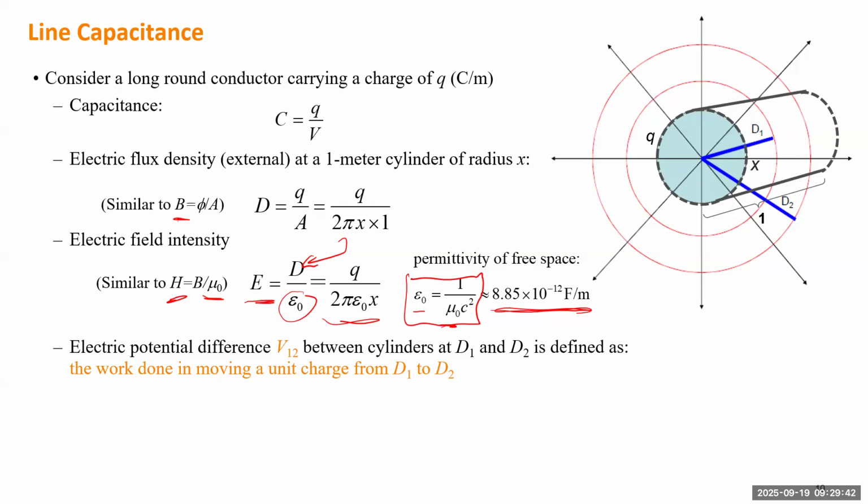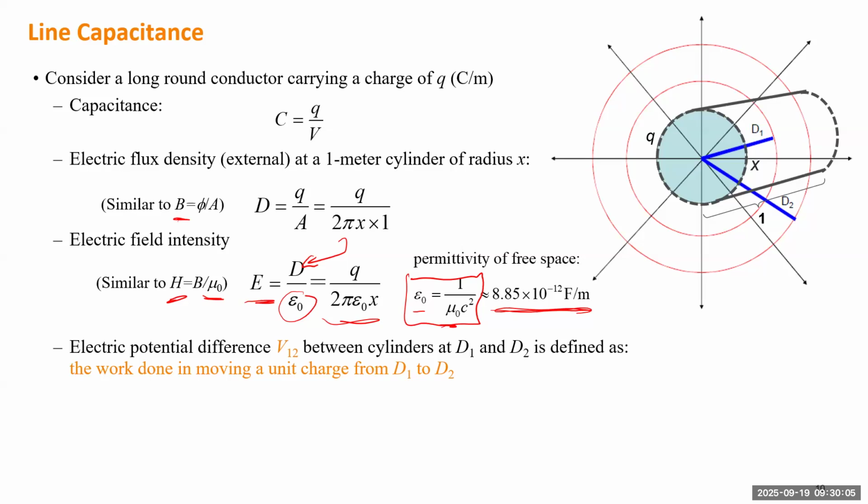For the capacitance, first we need to calculate the voltage. Think about there are two shells surrounding this conductor. Both shells are cylinders. The first one has the radius of D1. The second has radius of D2.